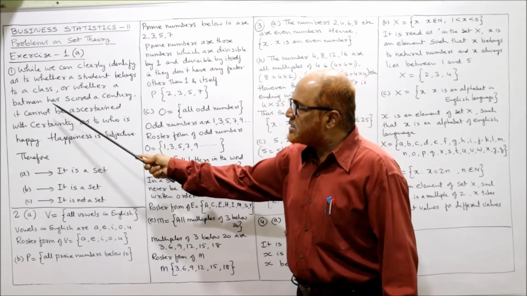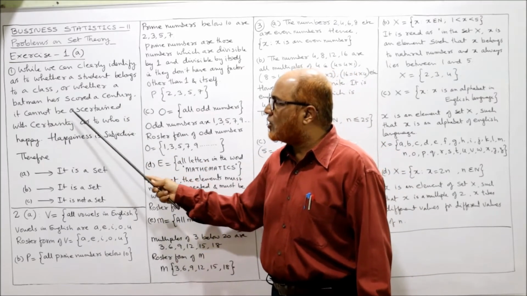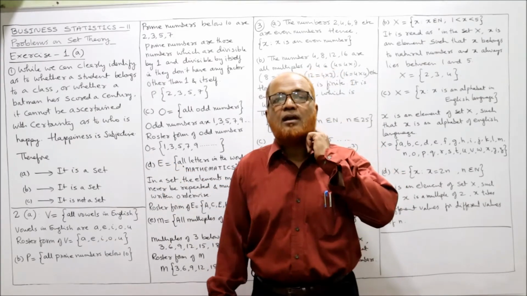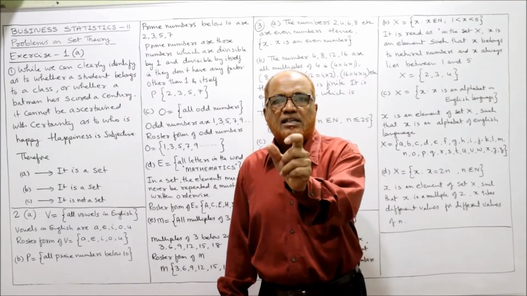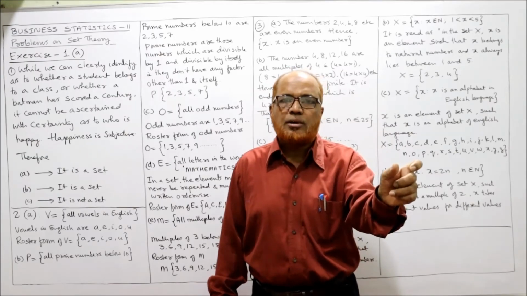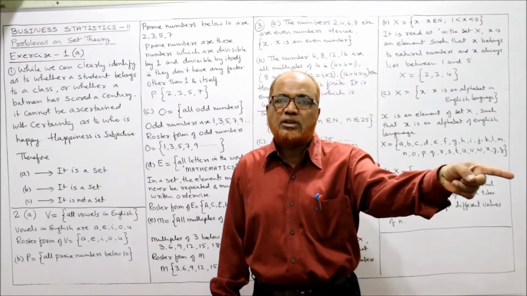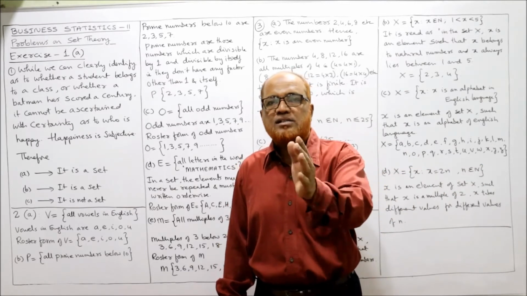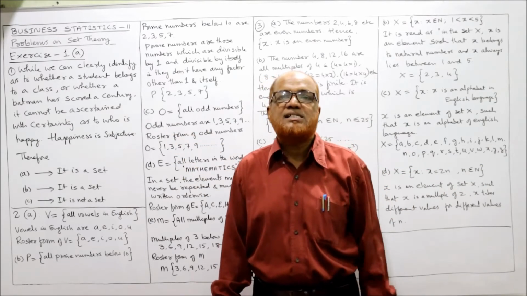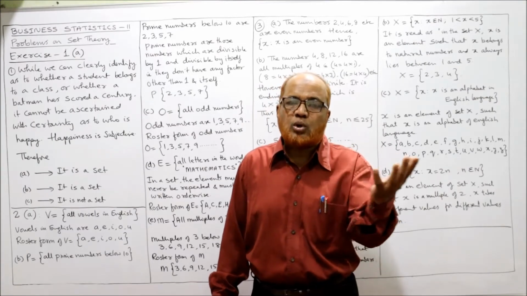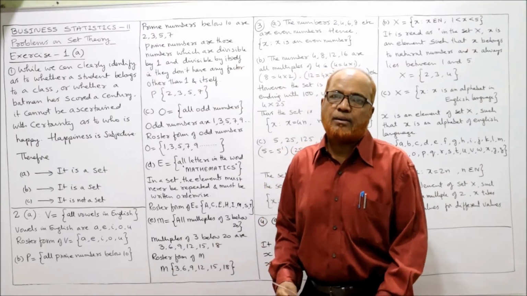Likewise, whether a batsman has scored a century, we can count it. We can say whether this batsman will come in this set or not, because he has scored a century or not. If he has scored a century, he can be put in the bracket. If he has not, we cannot include him in the set. So easily we can make a set of those people who scored a century in the World Cup.